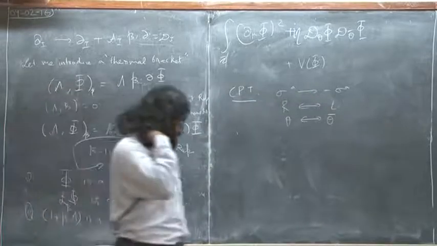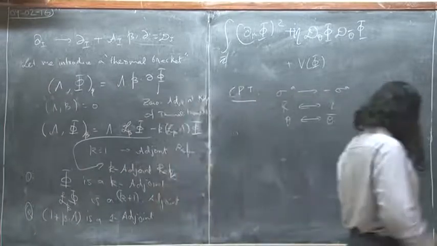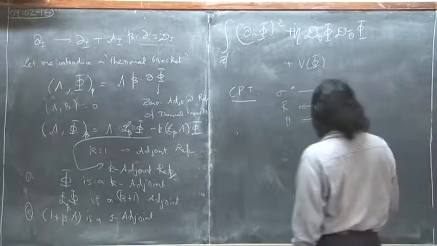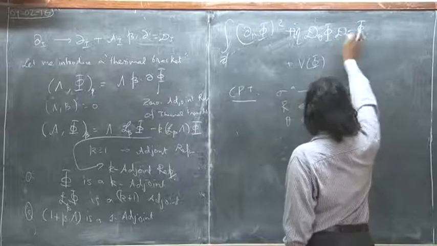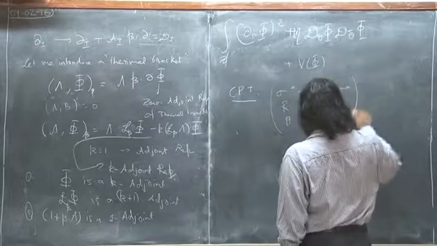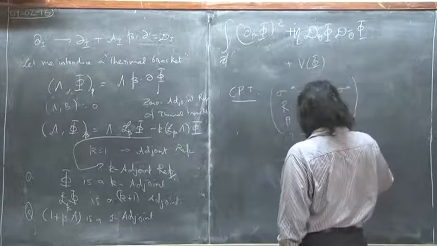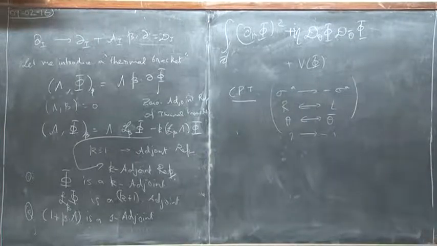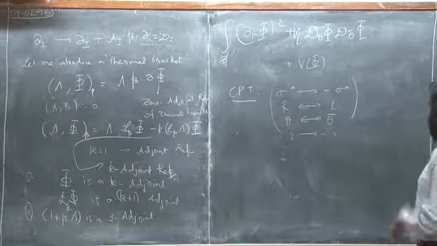So CPT acts like an R parity on these theta fields. And of course you can have some intrinsic parity also. So you should impose an invariance, and then of course it acts anti-unitarily. Okay, that's it.